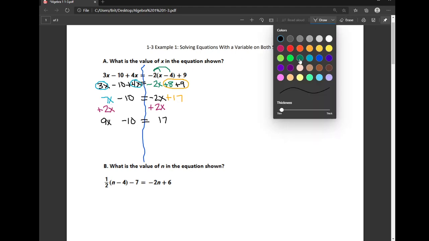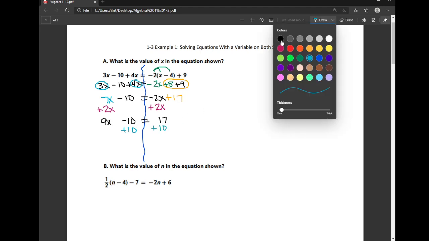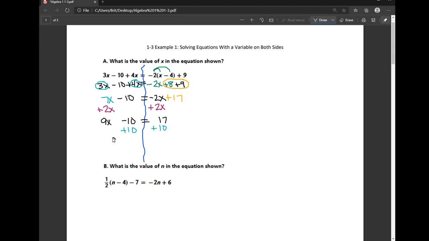Alright, so we're back on our track trying to get the x by itself. So now I'm going to add 10 to the other side because you have to get rid of subtraction before you can get rid of the multiplication. So there I'm adding my 10 over. So I have 9x is equal to 27.